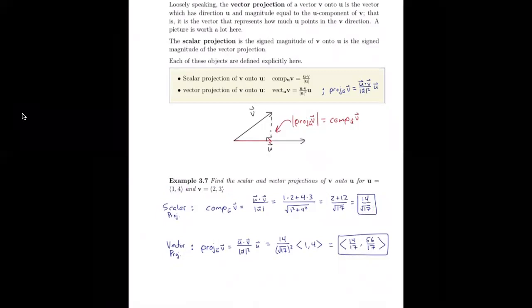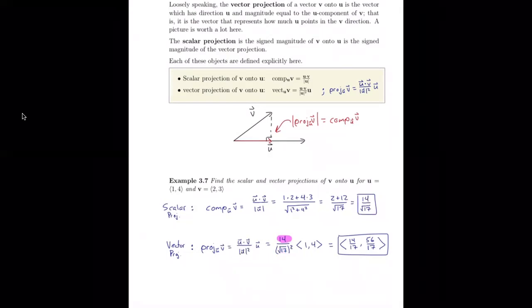For the vector projection, and that's what we expect, a scalar projection should result in a scalar. For the vector projection, we expect a vector to come out of this. So plugging in, writing down the formula as we have it, u dot v we've already found to be 14. Now this time we're going to square the magnitude of u on the bottom, so that root 17 will become just 17 from squaring it.